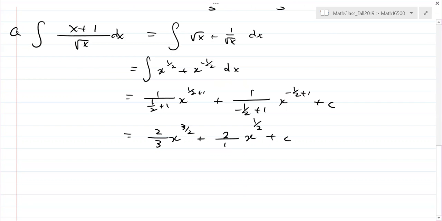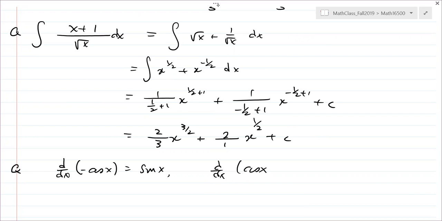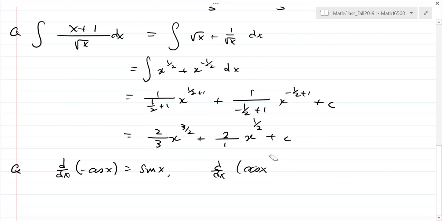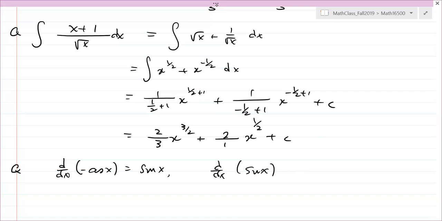So this is the antiderivative. And we know the derivative of cosine x is negative sine x, and the derivative of sine x is cosine x.